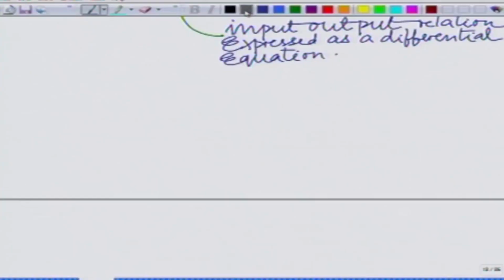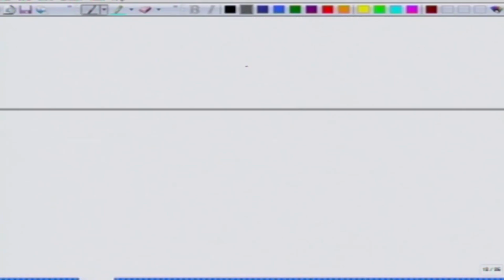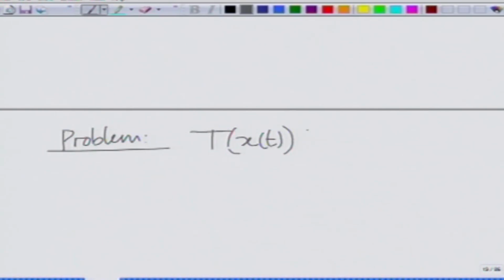So, let us look at another interesting problem. This is a system which is termed a modulator, which is another very important system in a communication system.